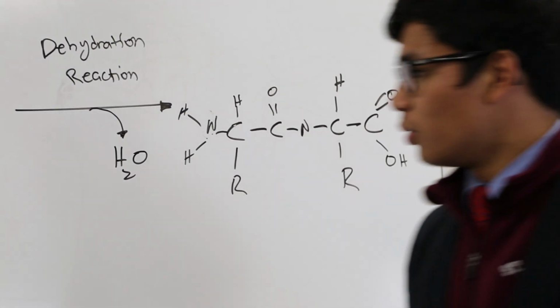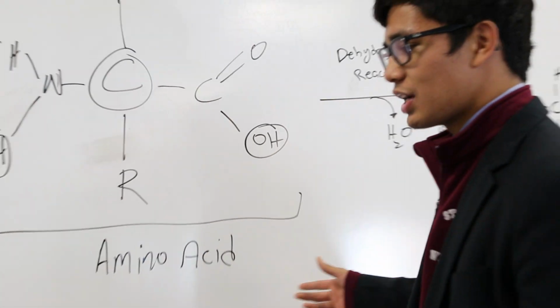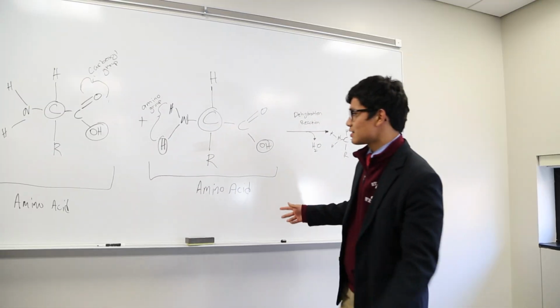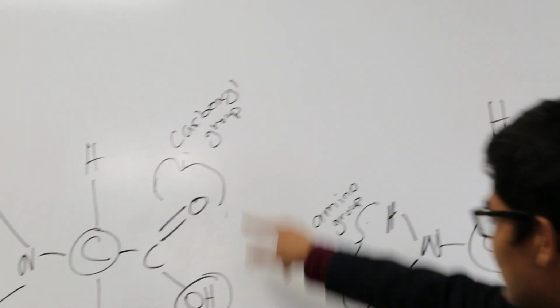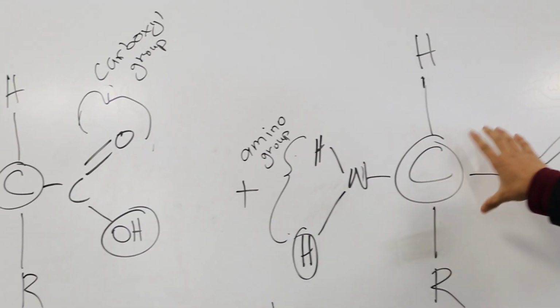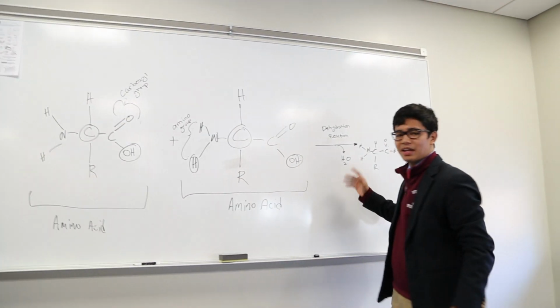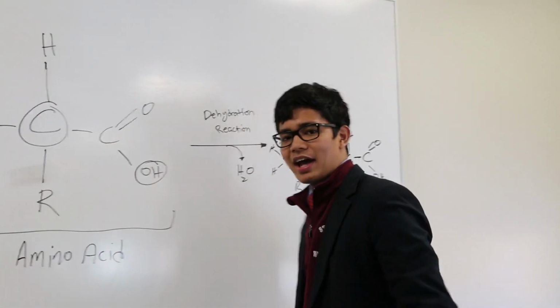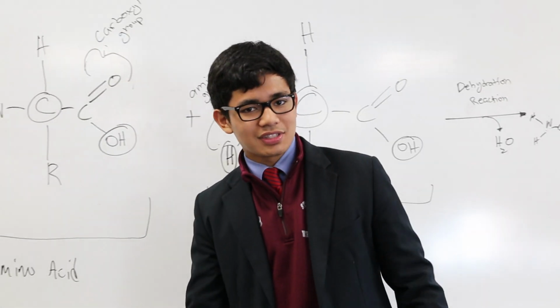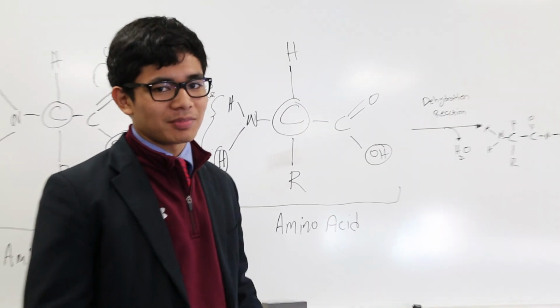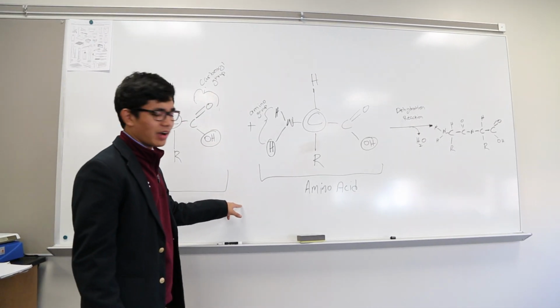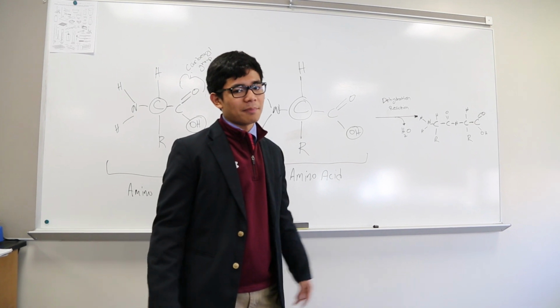Now, if we want to keep adding more amino acids to the chain, we do the same process. The carboxyl group is added to the amino group of the other amino acid. So we could keep making links between these amino acids, and that results in something called a polypeptide. More than two amino acids together can form a polypeptide.